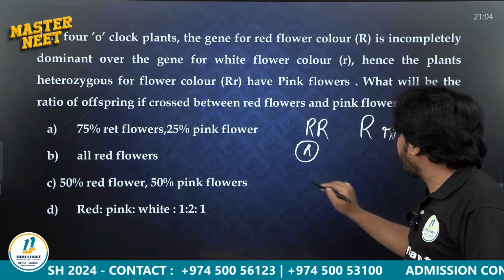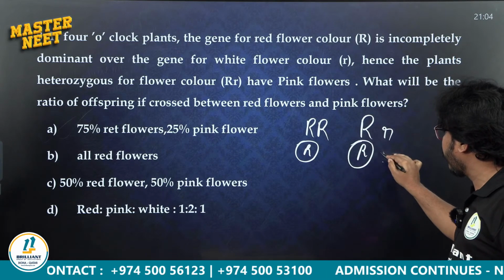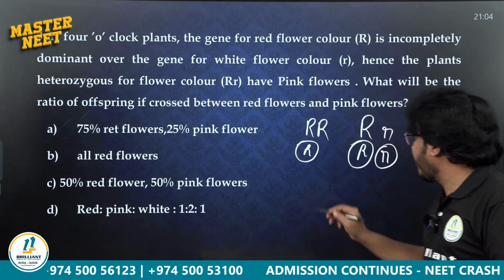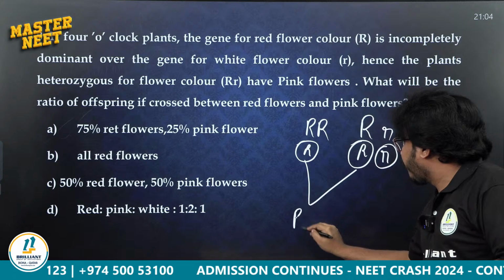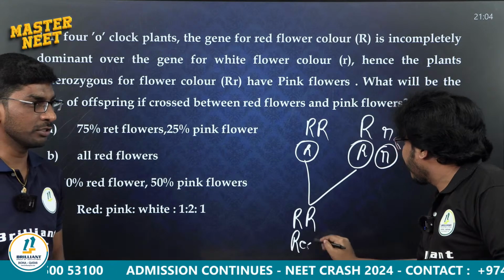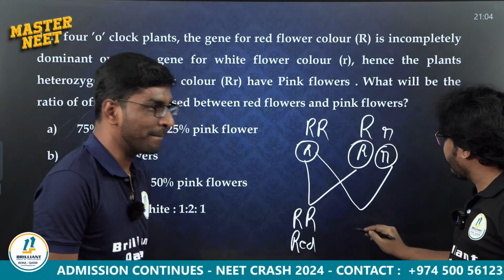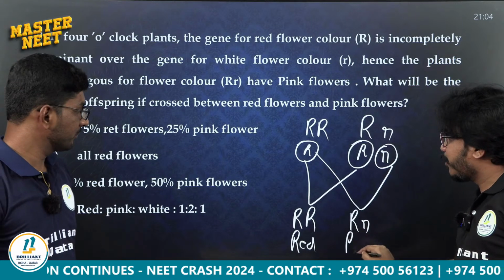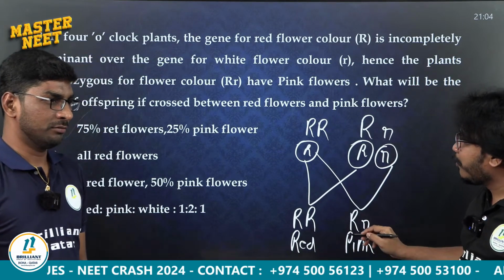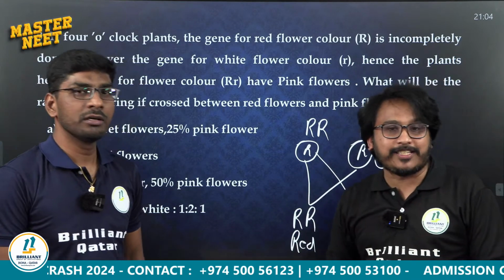Here it will produce only one gamete, and here it can produce two gametes. Yes or no? So you will get 50% red and 50% pink. So the answer is 50% red flower and 50% pink flower.